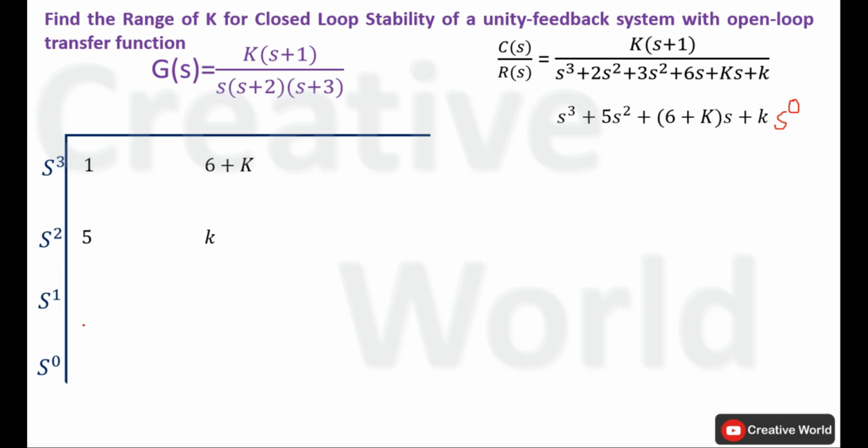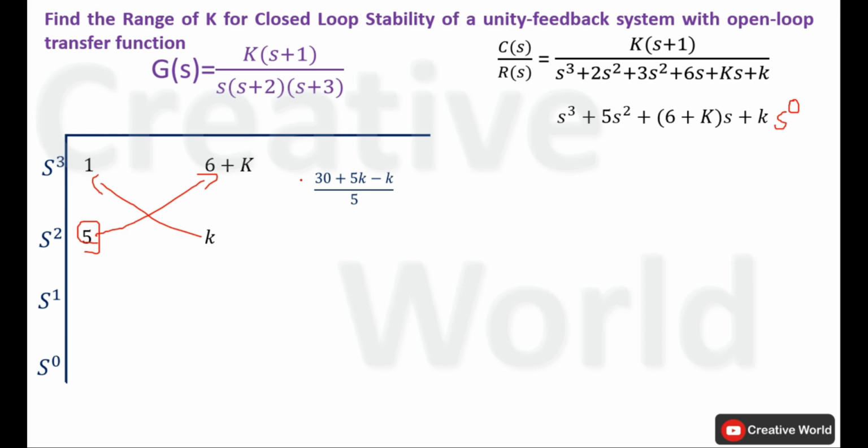The remaining two entries will be calculated using these values. In order to calculate this entry, we have to multiply this, minus multiply this, and divide by this value. So the value of this upcoming entry will be 5 multiplied by 6 plus k.